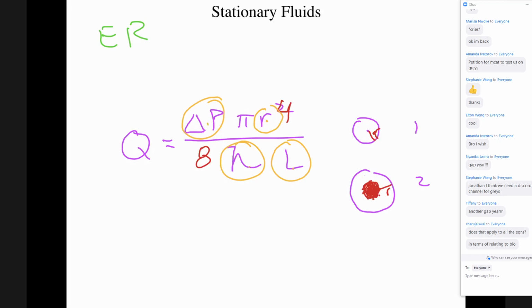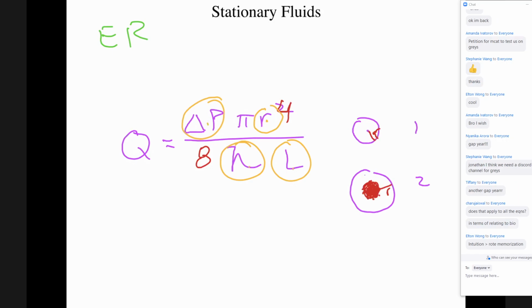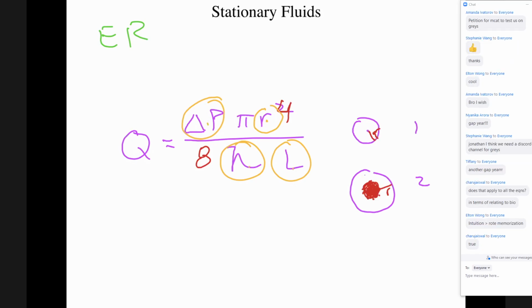Can I hop on and ask a question really quickly? Please do, yeah. I remember a while ago when I was studying, not seriously, I came across a document that had like 5 physics equations. It talked about how if you can figure out what variable is missing in the question stem, then you use one of those core 5 equations.